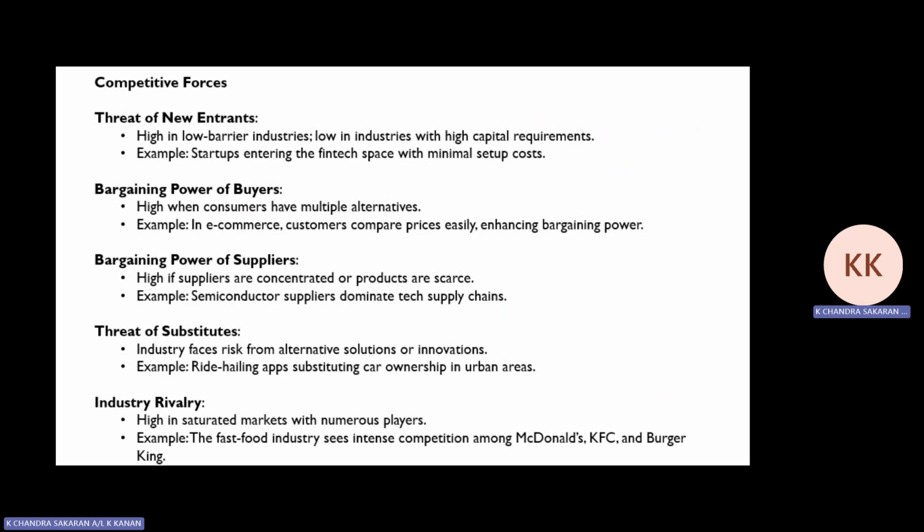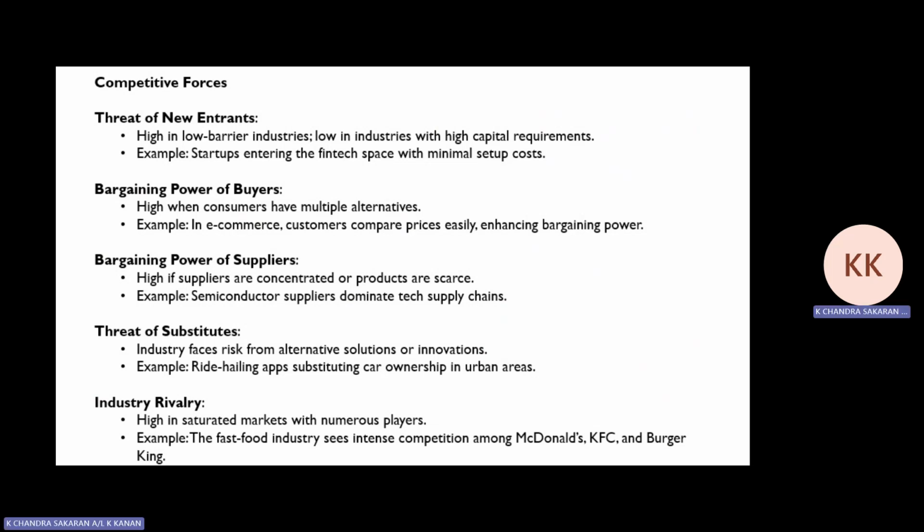Threats and opportunities are from the external environment. For example, if the government imposes a new policy which affects your business, that is the threat. But if you change according to what the government is doing, then you're changing the threat into opportunities.